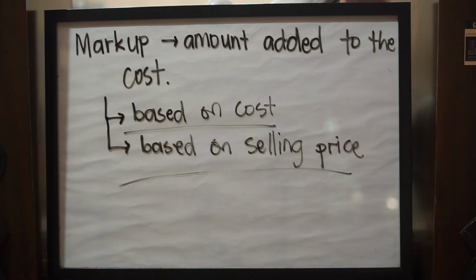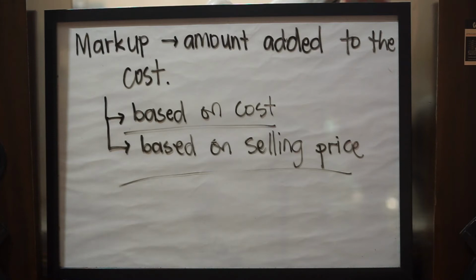Next, the second type of markup is the markup based on selling price. Pagka naman markup based on selling price, it is used by resellers or those entrepreneurs who bought ready-made products. Yung pinaka-common na example dito is yung sa mga resellers ng mga beauty products, 'di ba?